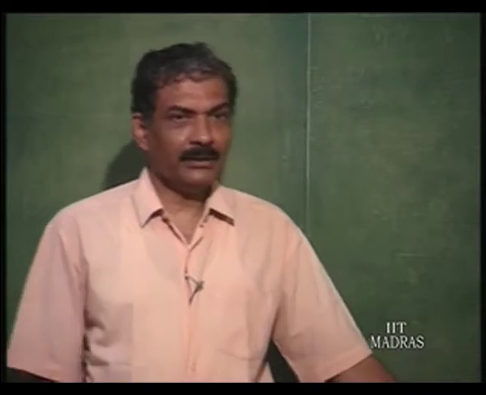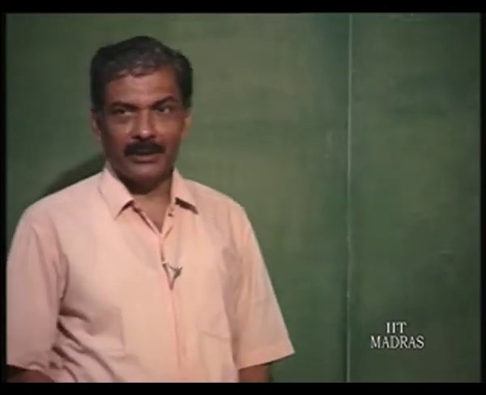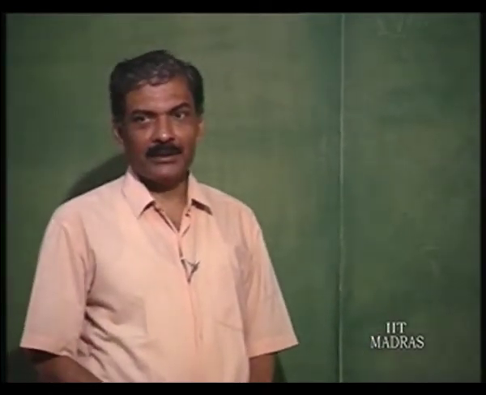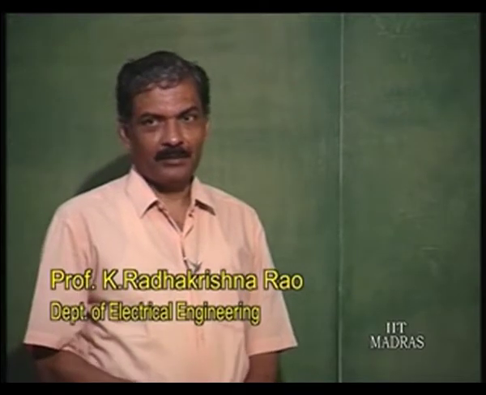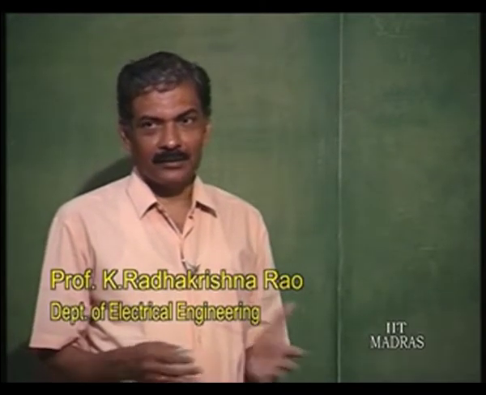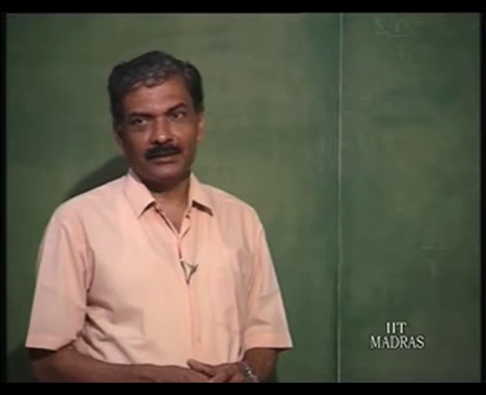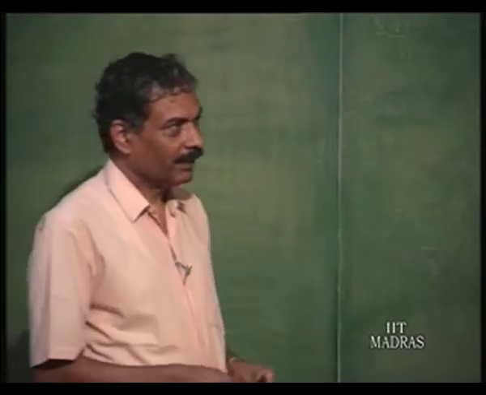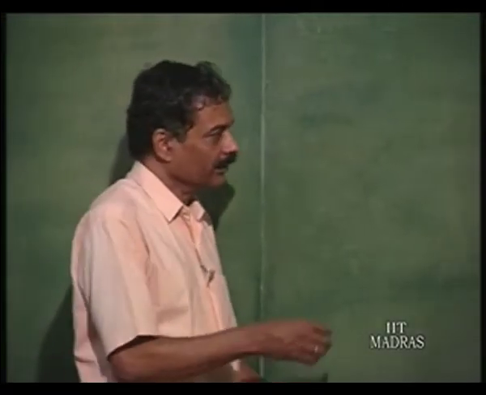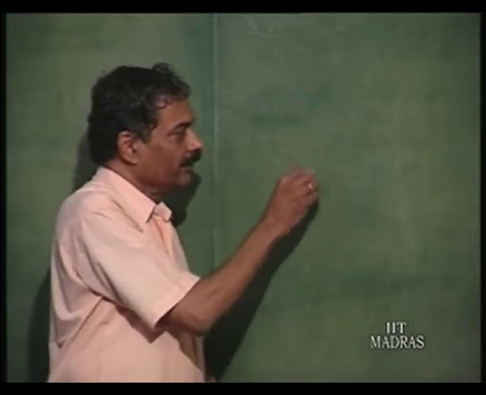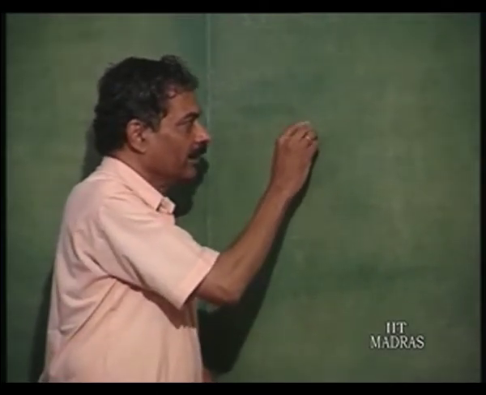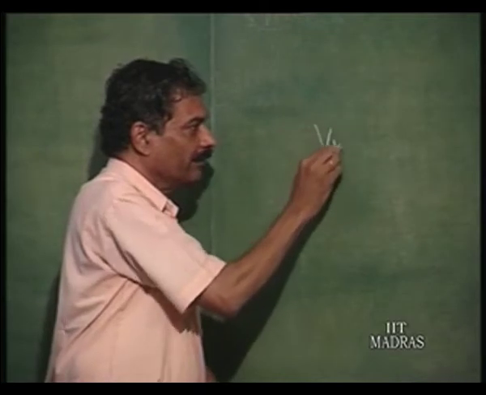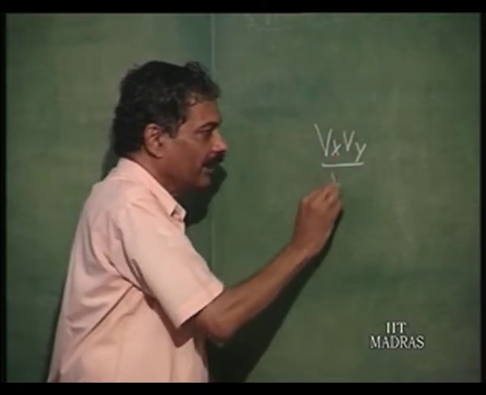We had just now discussed the balanced modulator circuit. In communication parlance, it is also called a phase detector or balanced demodulator or mixer. And I had told you to determine the multiplier transfer function as Vx Vy by Vr.